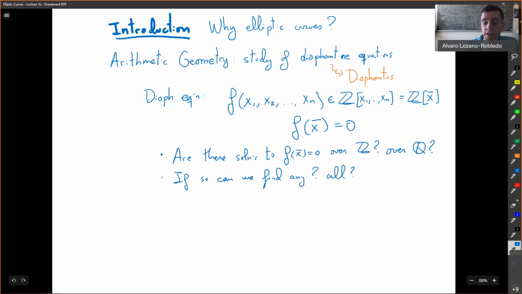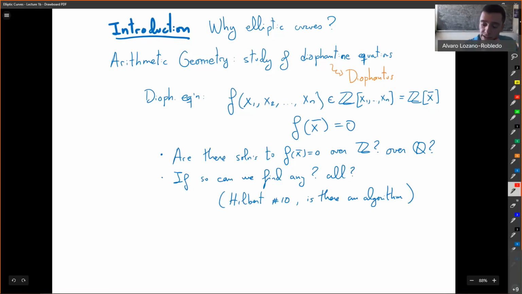In fact, as I mentioned in that other video, of the problems that Hilbert proposed in the year 1900 at the ICM, Hilbert's problem number 10 asks: is there an algorithm that, given any Diophantine equation, will tell you if there is an integer solution or not?